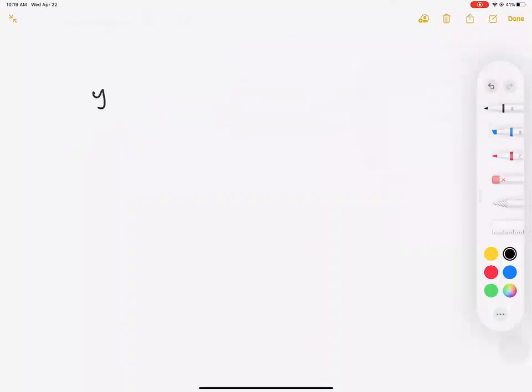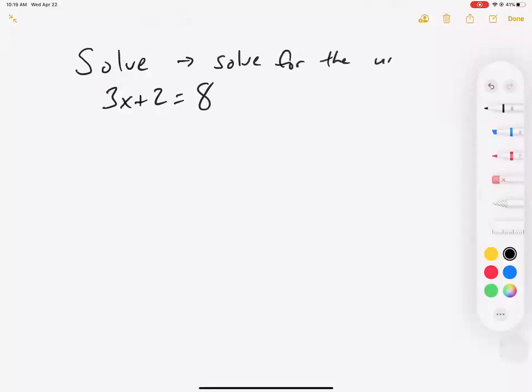Let's say 3x plus 2 is equal to 8. And I ask you to solve. And when I say solve, I really mean solve for the unknown variable.